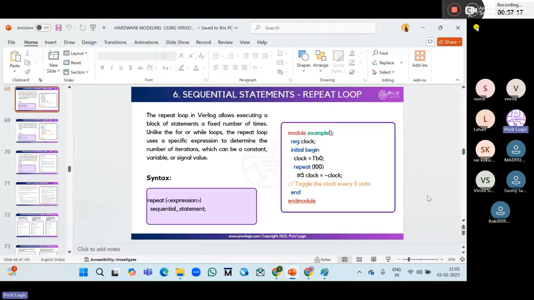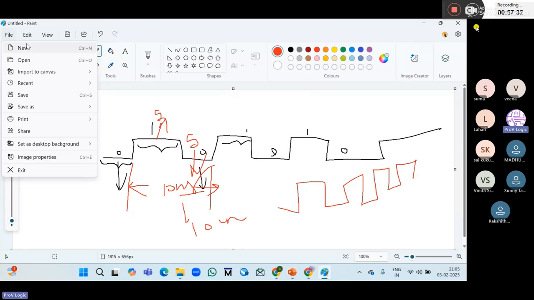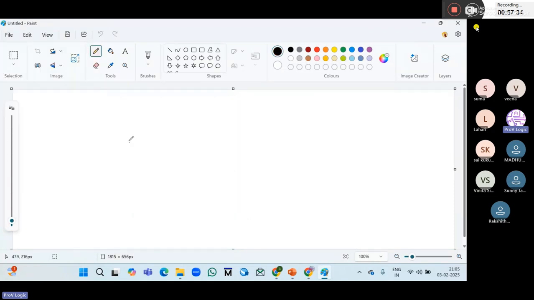Okay, fine. So we already saw how to design the truth table and output circuit diagram, and also at gate level, right? If you want to write using behavioral modeling, we need to use the truth table. That means on the positive edge of the clock, what are the inputs? S and R are the inputs, Q and Q bar are the outputs.